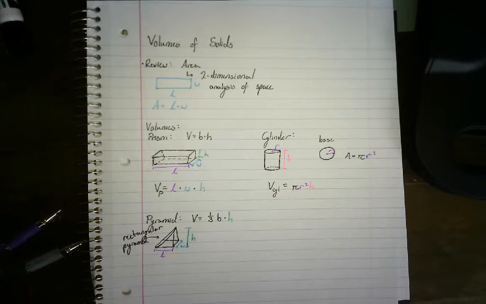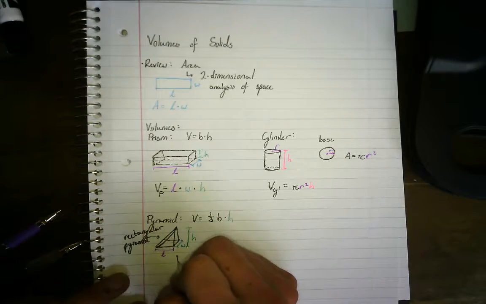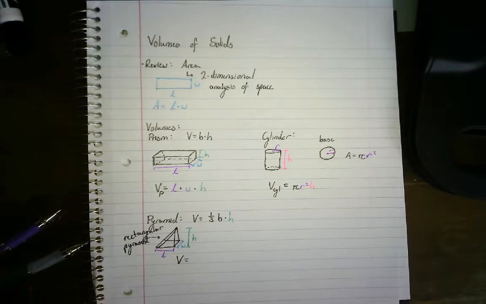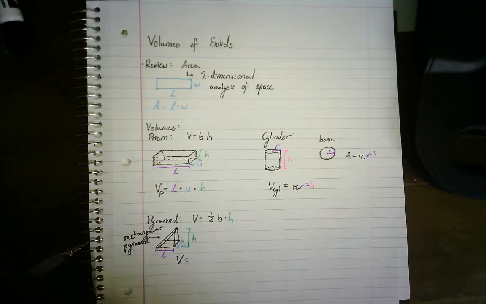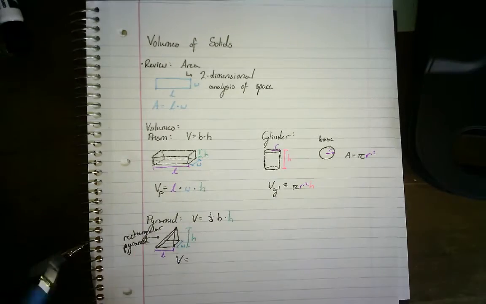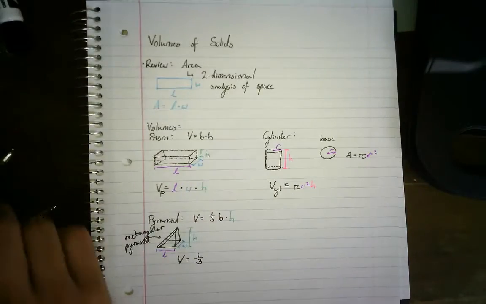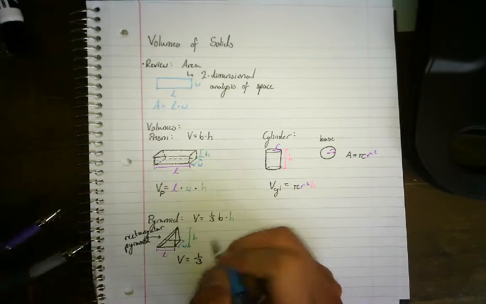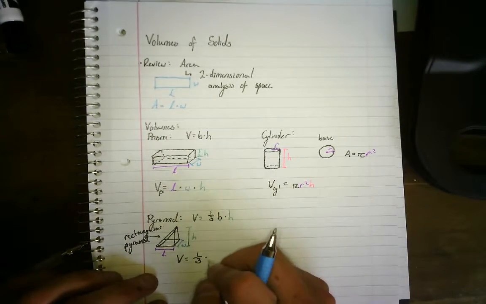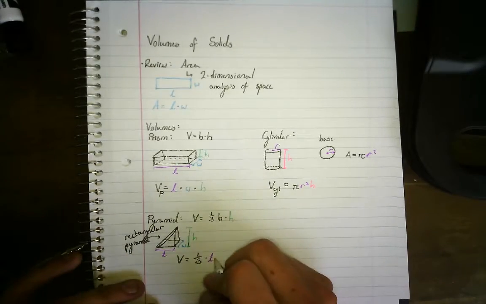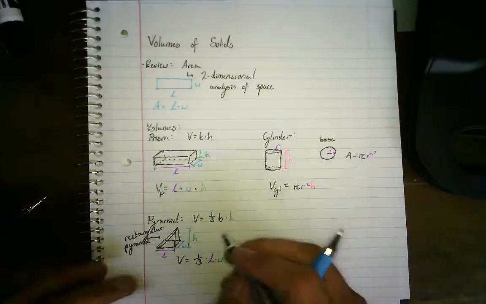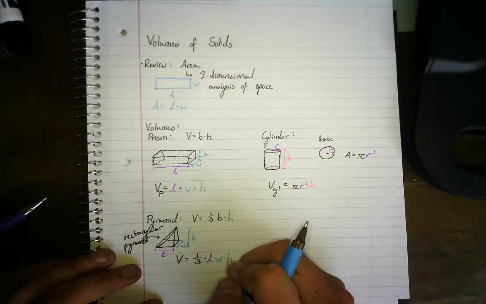So we can finally say our volume, specifically for this rectangular pyramid, is length times width times height, and we want to make sure we include that 1/3 in the front as well. Okay? Alright, got 2 more for you guys.